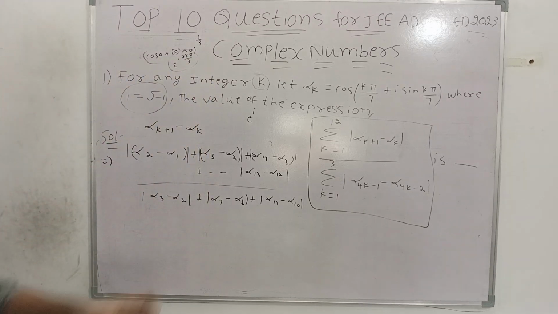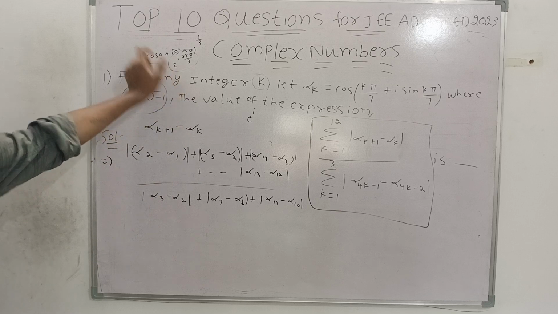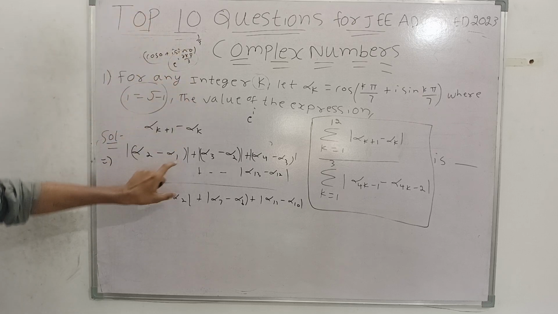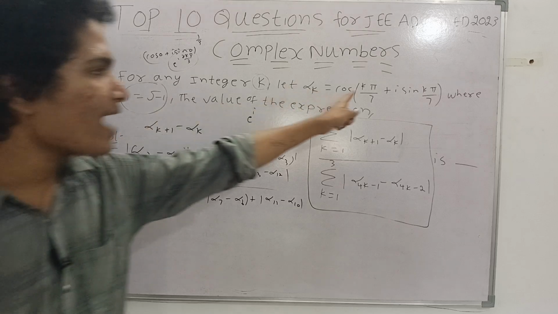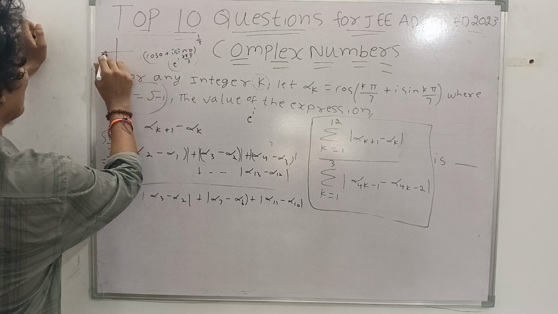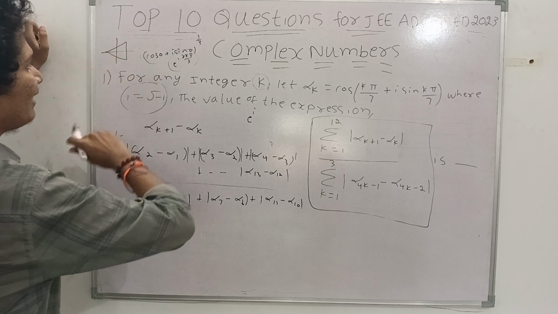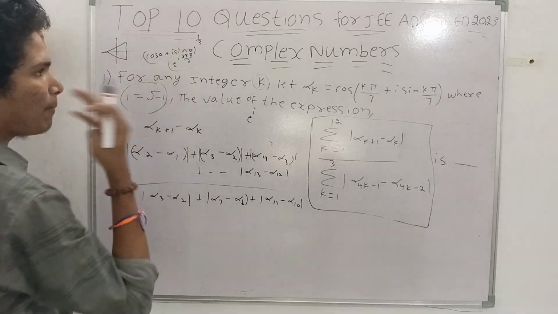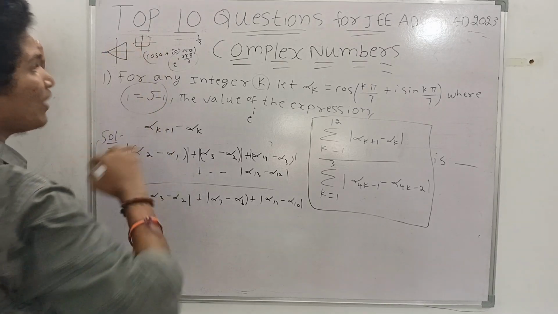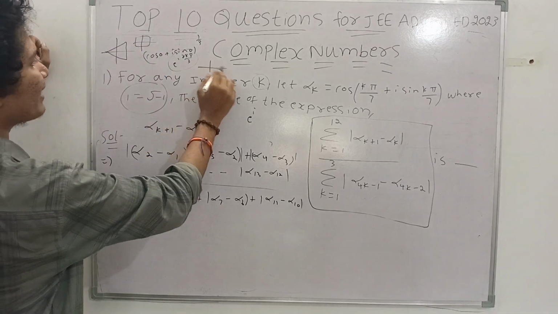I already said, the cube roots of unity are e power i 2k pi by 3. Here it will be e power i k pi by 7. If you plot the values, you will get an equilateral triangle. Like that, if we apply the fourth roots of unity, you will get a square. And if you apply the nth roots of unity, you will get a circle.